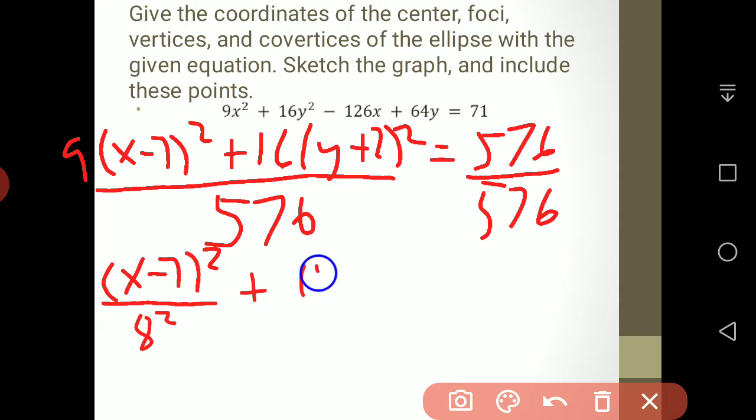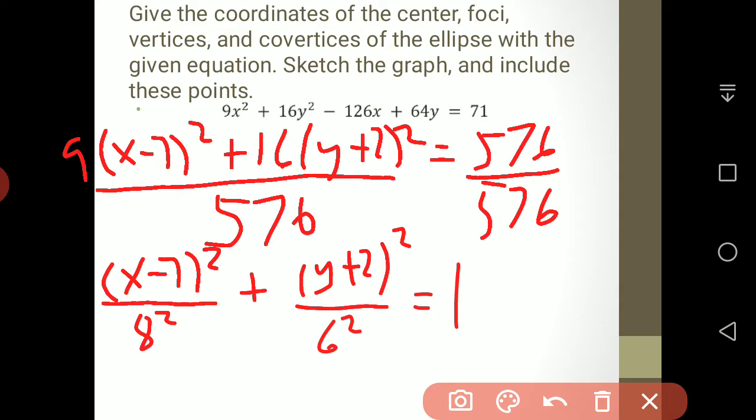So we have (y plus 2) squared. 576 divided by 16 is 36. Since that is 36, we write 6 squared instead, is equal to 1. We have now achieved our standard form.